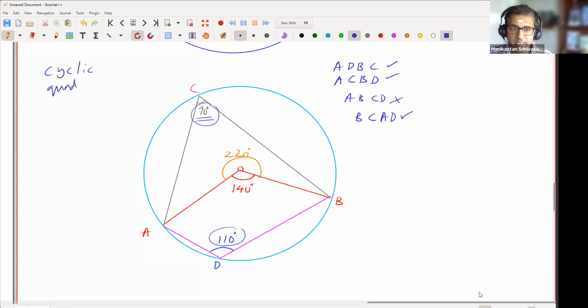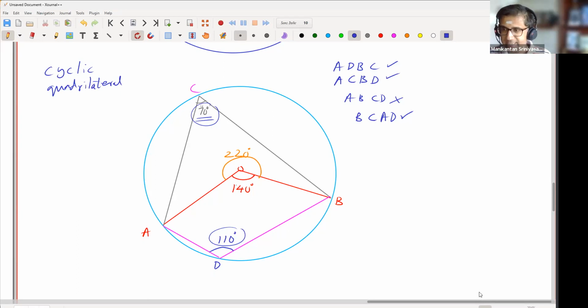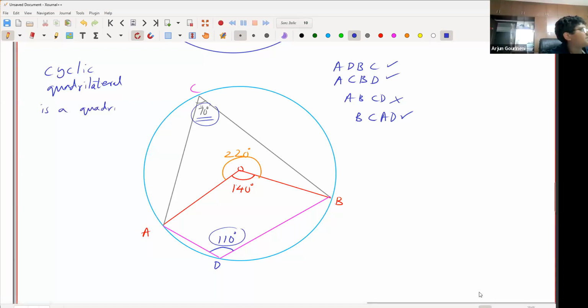Not all quadrilaterals have this property. A quadrilateral which is inscribed in a circle is called a cyclic quadrilateral.